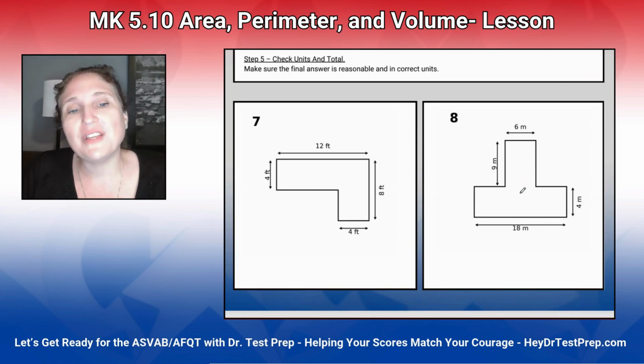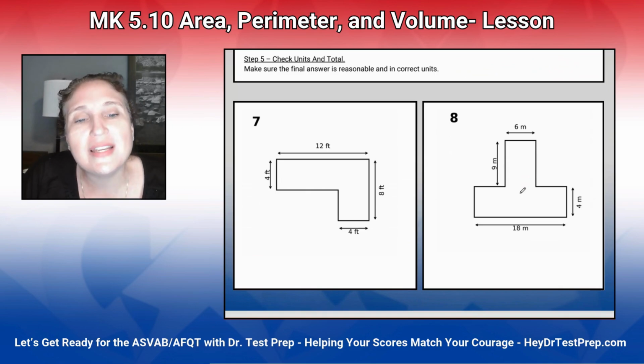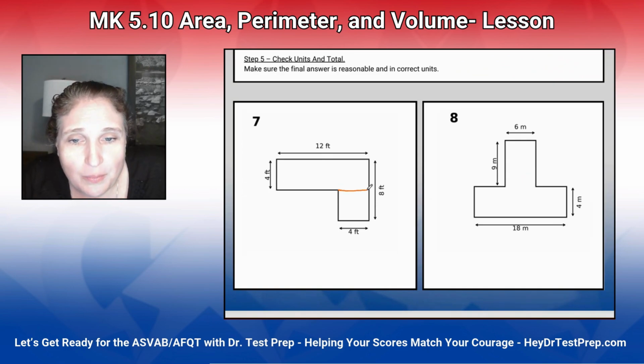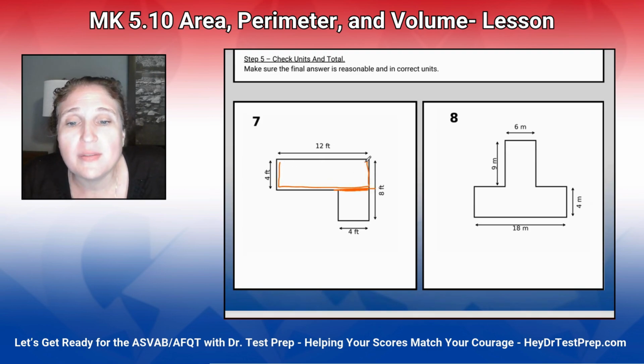For composite figures, you have to figure out where's the hidden line. That's just the basic way of saying it. So if I draw a line right here, I know that this box is 12 times 4, which is 48. Here, I'm not going to do 8 times 4 because I already have this box here.